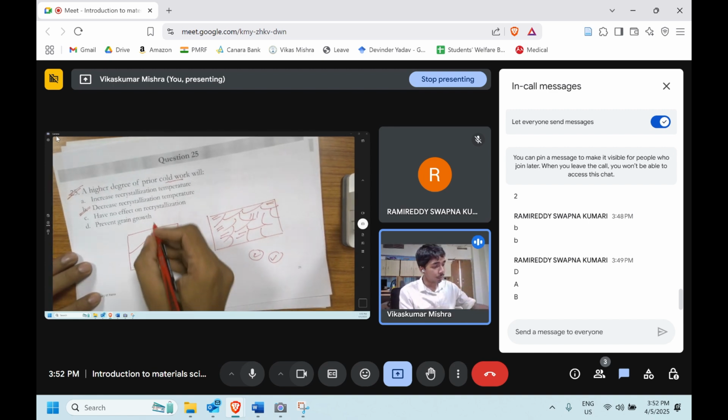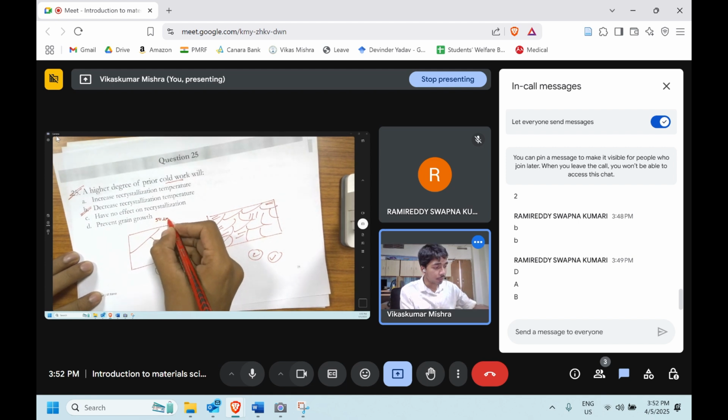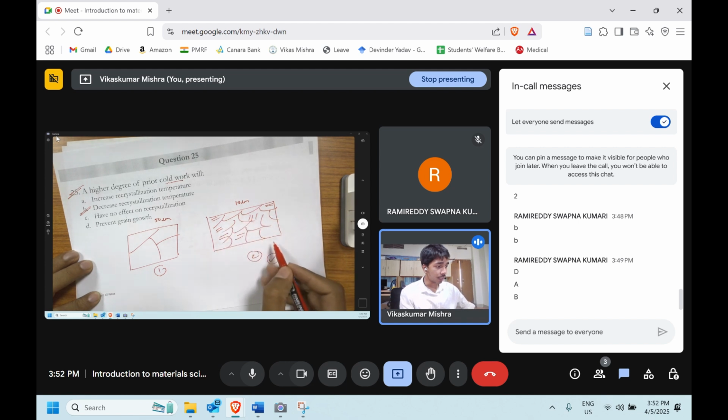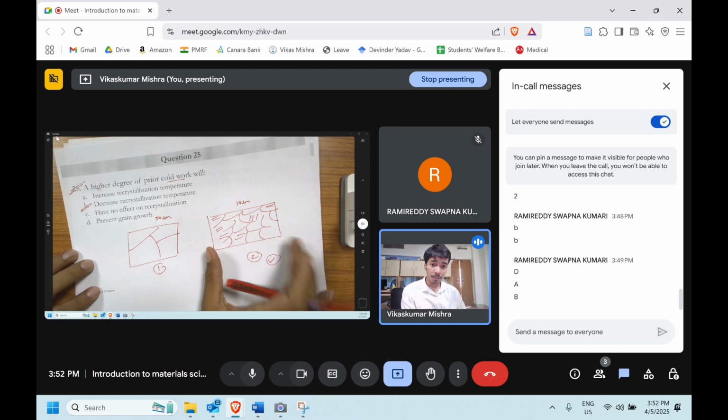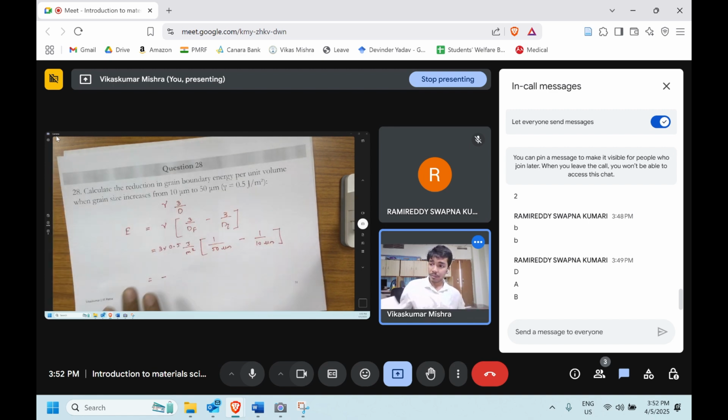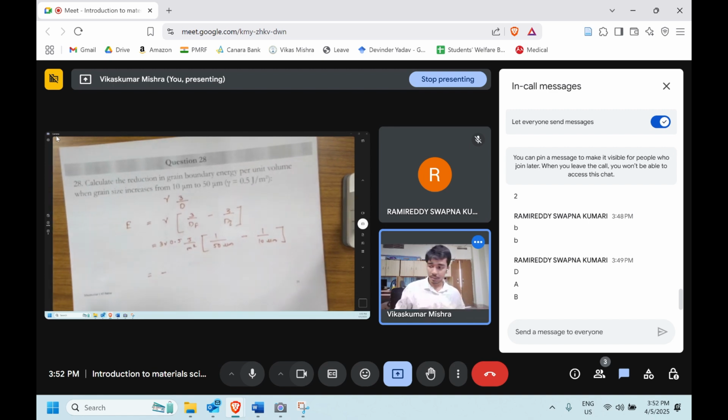Let us say this is my 50 micrometer grain size and this is my 10 micrometer grain size. Since the grain size is less, the overall grain boundaries are more. Here they have more energy. Here they have less energy. So energy will be released from this. With that we can solve this.